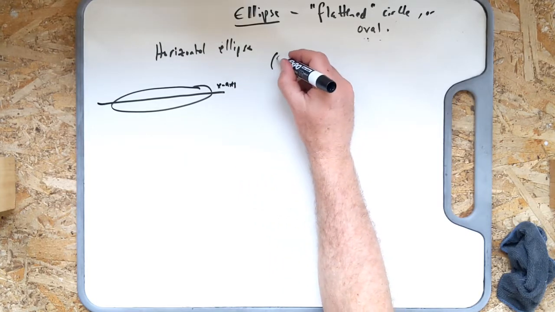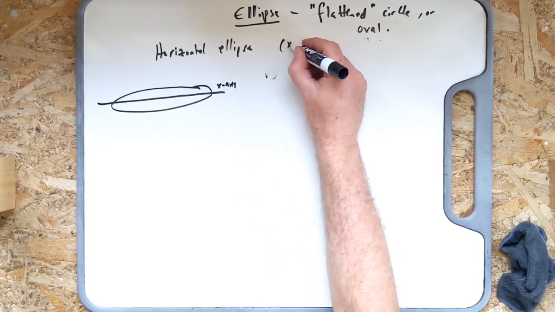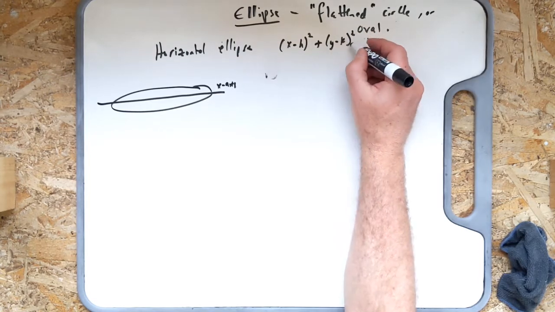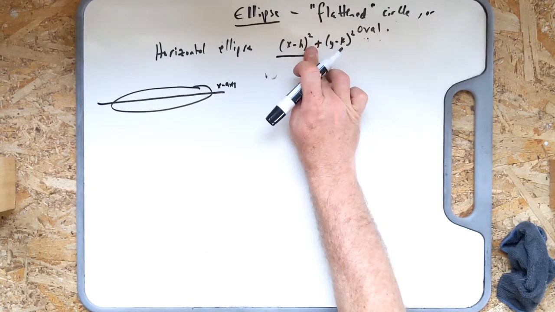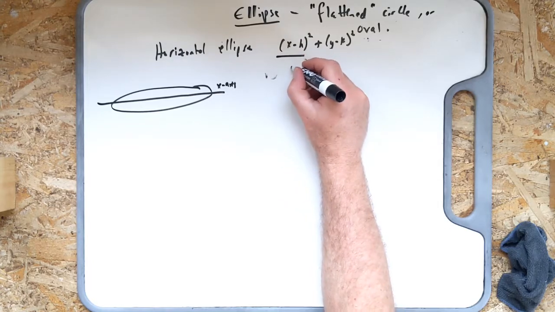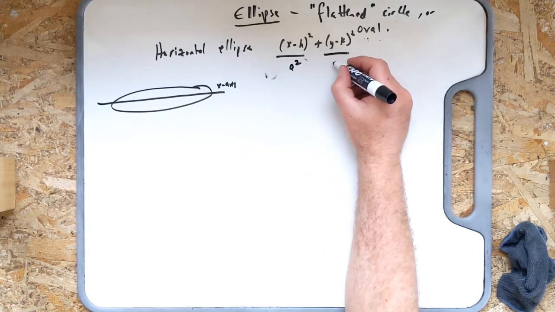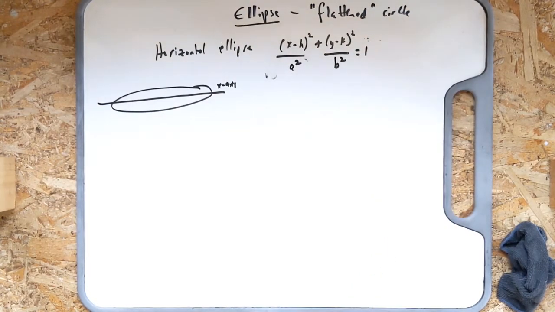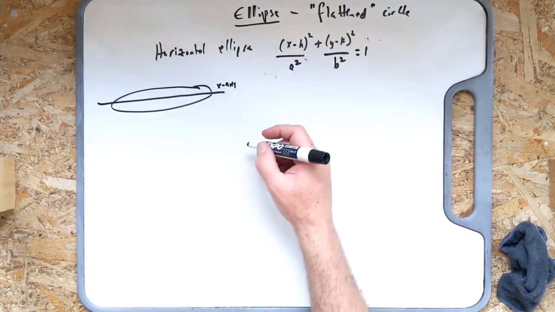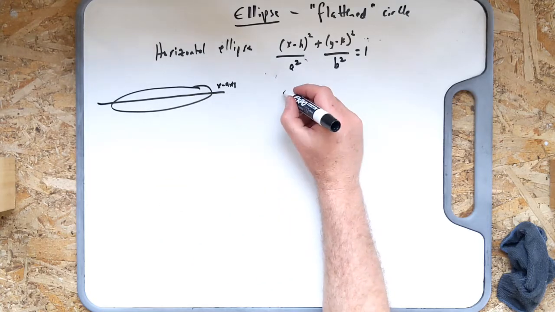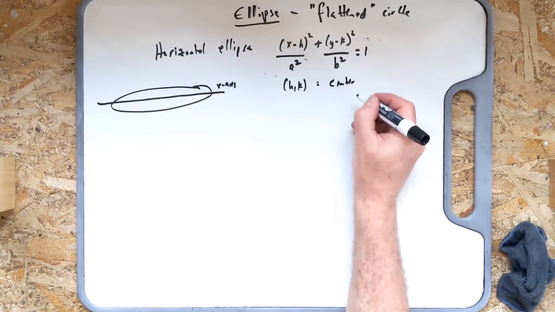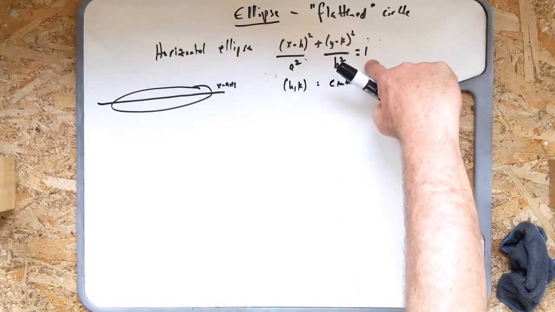And the equation for that is (x minus h) squared over a squared plus (y minus k) squared over b squared equals 1. In each of these terms, I'll talk about them before I write the next equation. h, k is the center, just like it was for the circle. Notice this is always going to be 1.